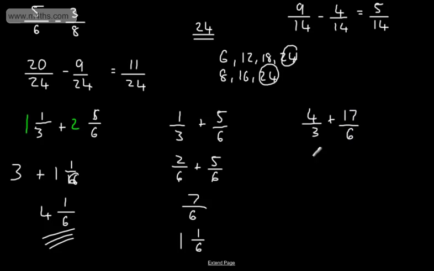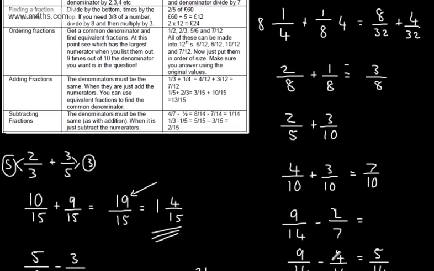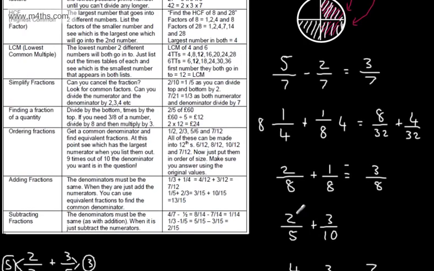We could write this now as 8 over 6 plus 17 over 6, which is going to give me 25 over 6. 6 goes in 4 times, so we'd have 4 whole ones and 1 over 6. And that gives us the same answer. So adding and subtracting fractions, and we've also looked at some mixed numbers.